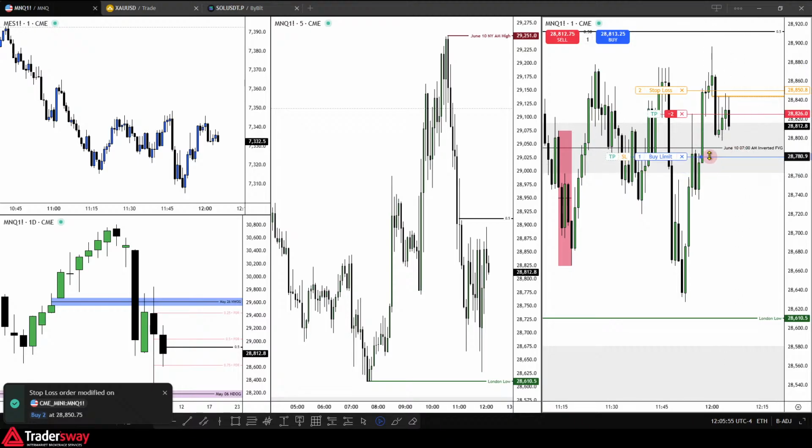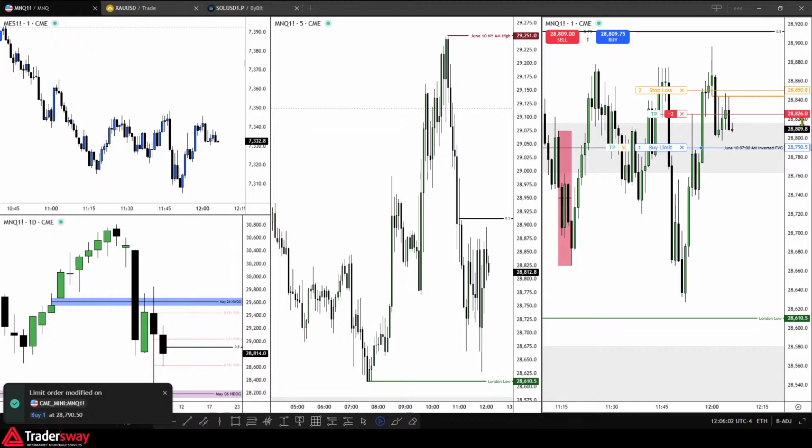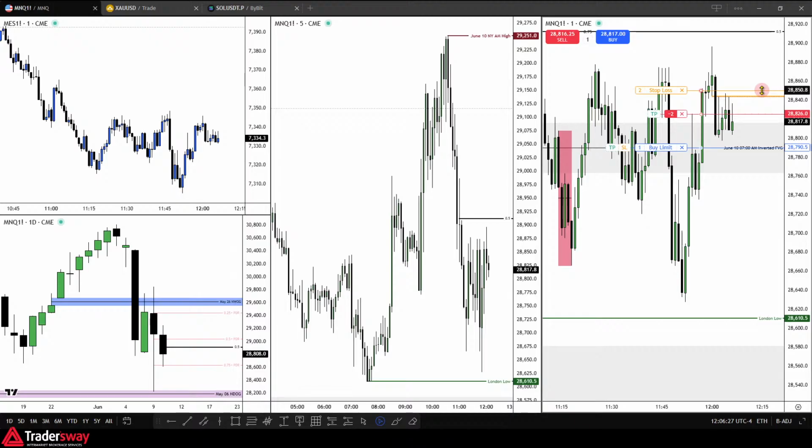Moving stop lower. Let's get a partial here to recover some of the previous trades' losses, or at least make this one free. Look at order flow, what's going on there?